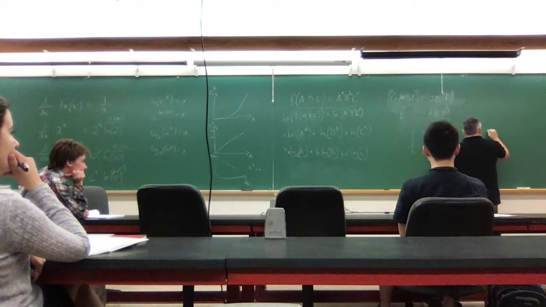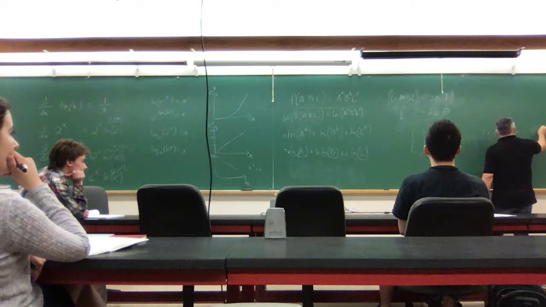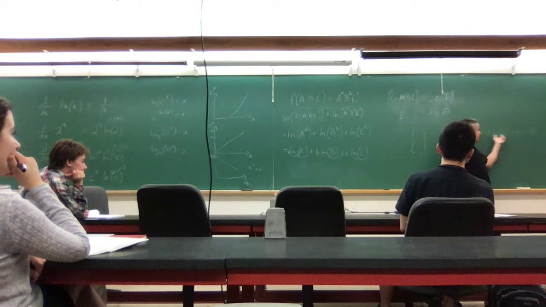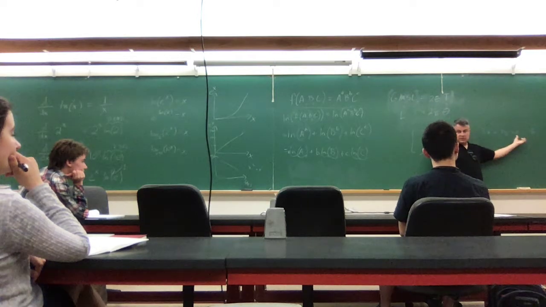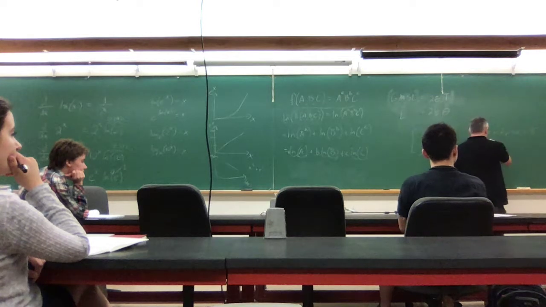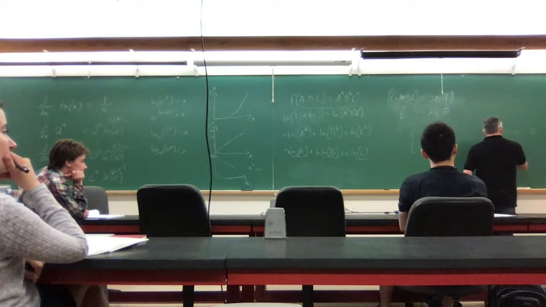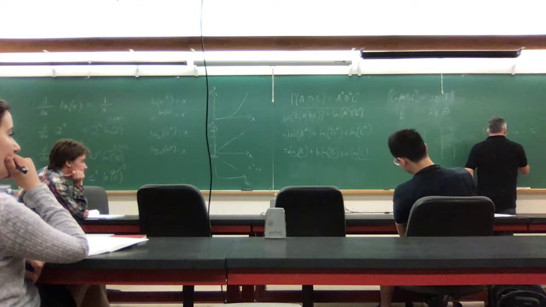So if we wrote it as 3x plus 2y plus z equals 5, because of the pluses, this is only a 1 by 1 and this is a 1 by 1. But when we wrote it as a matrix, we would have written 3, 2, 1 times x, y, z.